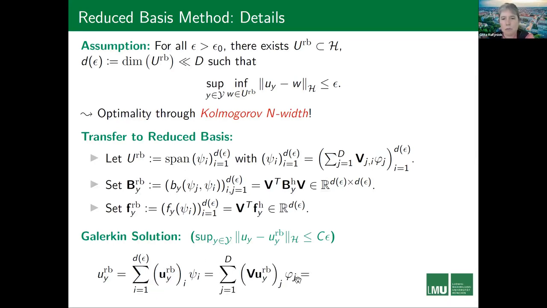I can write this now in terms of the larger basis, of the larger space, and so this brings this transformation matrix in here. Then I can use what I already know from the Galerkin solution, that this is always the stiffness matrix inverted times the right-hand side. And so I get that my reduced basis solution has this form. Sorry, this is hard to see. This is the basis from the large space.